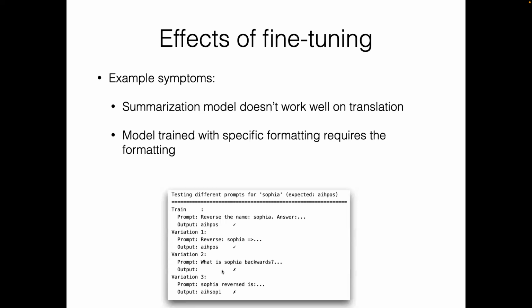Could you fine-tune it where you don't make it as narrow? You fine-tune it on "reverse the name, colon," and it figures out "reverse, colon." But if you added more examples with different possible ways to ask something to reverse something, then your distribution isn't as narrowed down to just that format, it's a little bit wider.